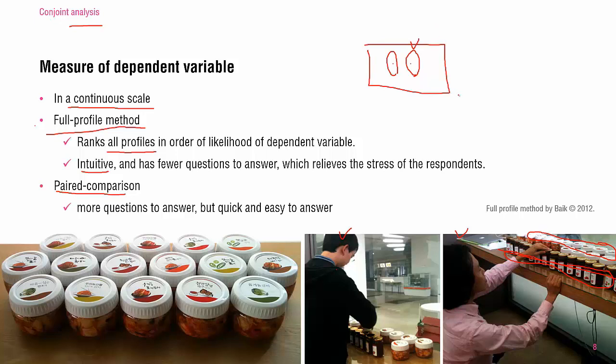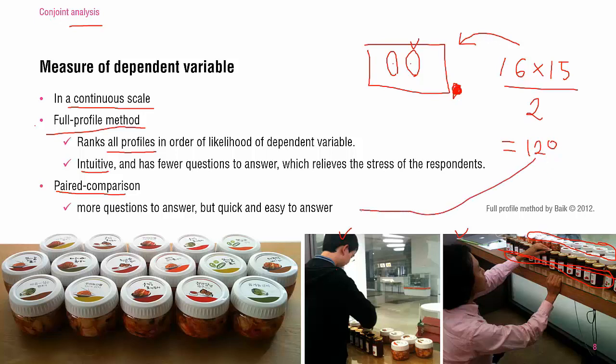The judgment will be made very quickly, but you need to organize this pairwise comparison many times. Having 16 variations, you need many pages for pairwise comparison, so it will be 120. So it will perhaps take longer.